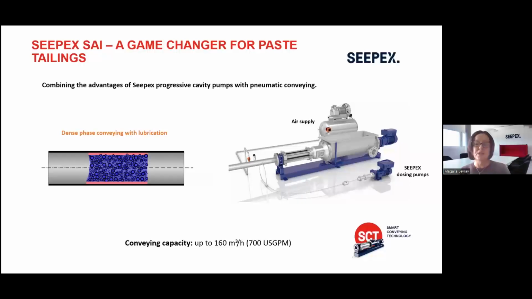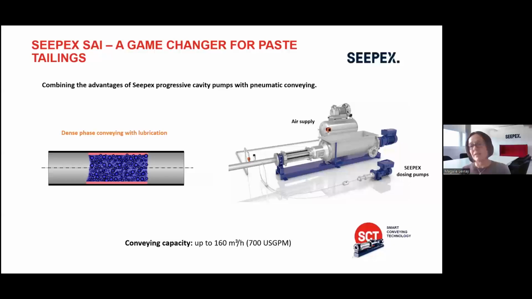Whenever we have this dense phase fluid, we can actually use SEEPEX SAI, SEEPEX Smart Air Injection. So what is Smart Air Injection? It combines SEEPEX progressive cavity pumps with pneumatic conveying.